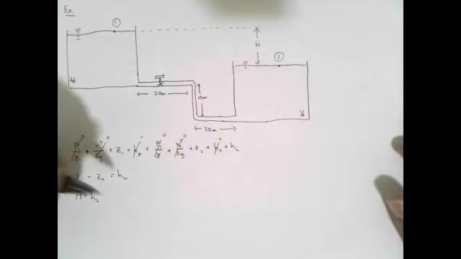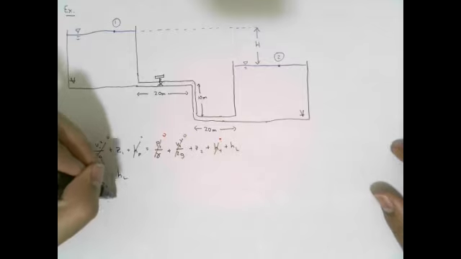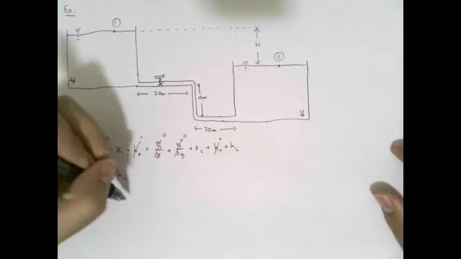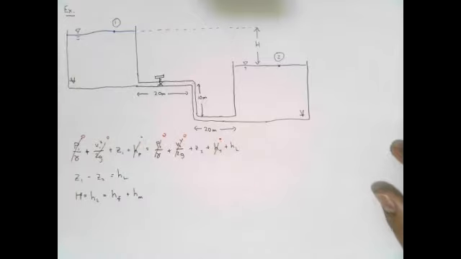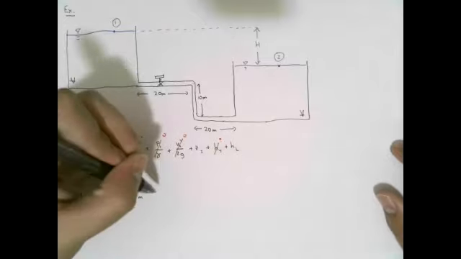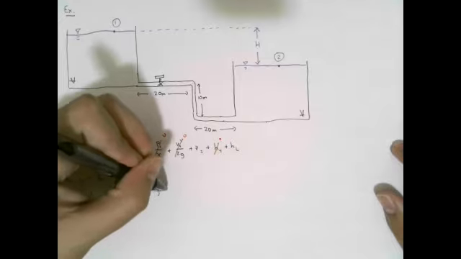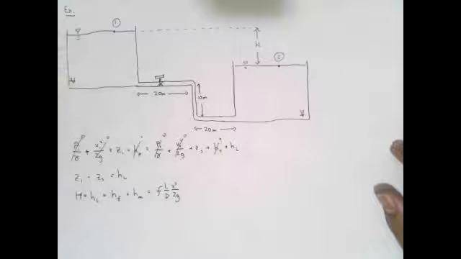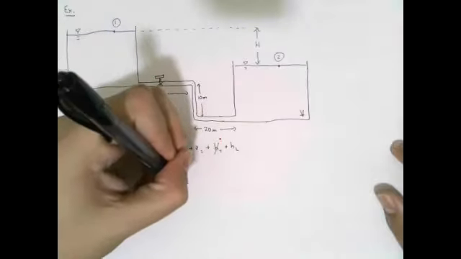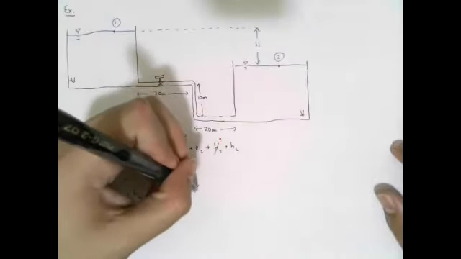Now we mentioned that head loss is divided into two terms, a friction loss term and a minor or component loss term. We also mentioned that friction losses could be found by using the Darcy-Weisbach equation. And we also mentioned that the minor loss term could be found by taking the minor loss coefficient.